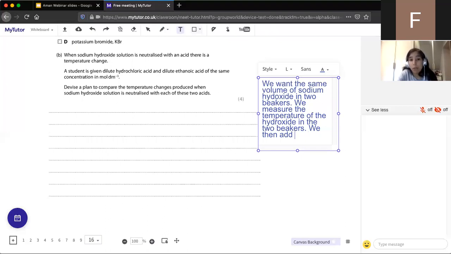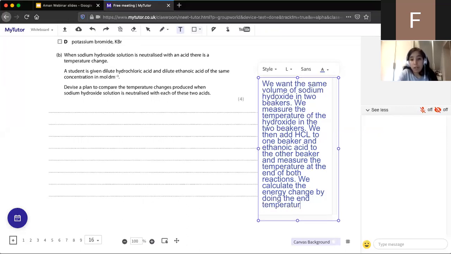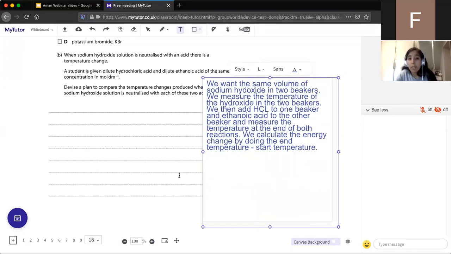So we'll add, say for example, HCl to one beaker and ethanoic acid to the other beaker, and measure the temperature at the end of the reaction, of both reactions. And then we calculate the energy change by doing the end temperature minus the start temperature. All right, so that would get you all of those marks there, and those are the main steps in one of these experiments.